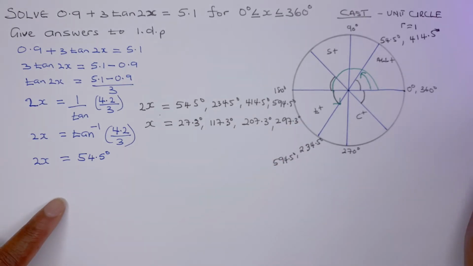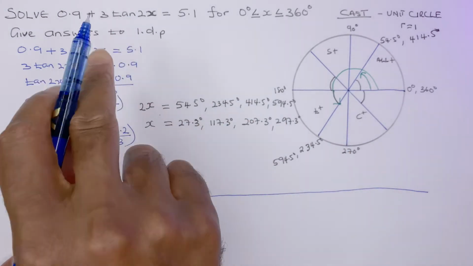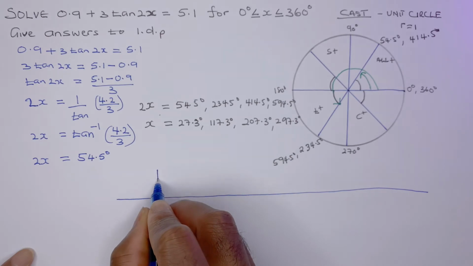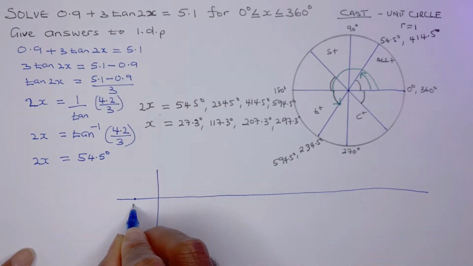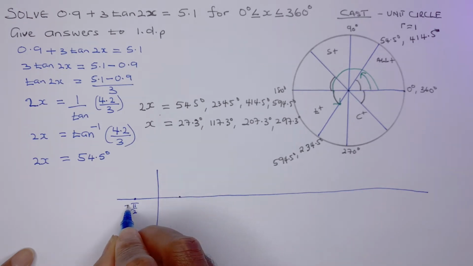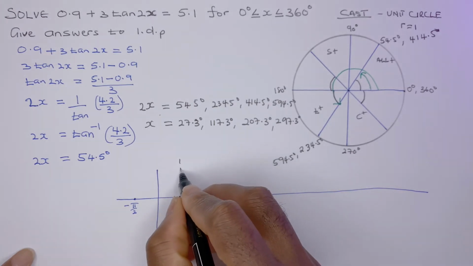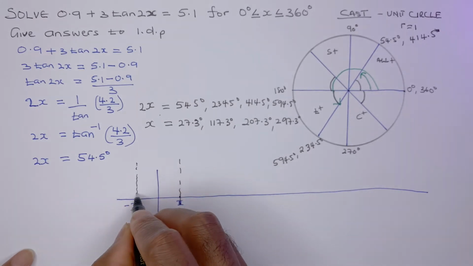There are other ways you can solve this question using the tangent function, because this is tangent. So if we draw a tangent function, this is minus pi over 2 and pi over 2, where the lines of asymptote are here and there.